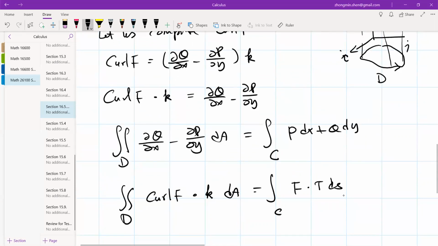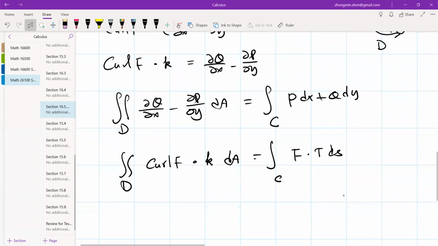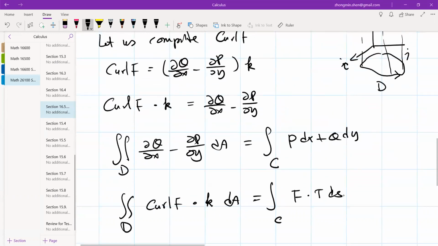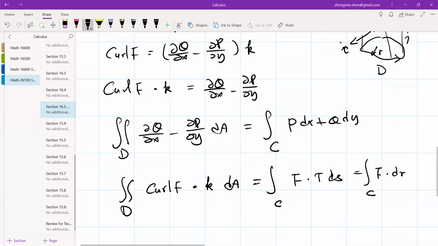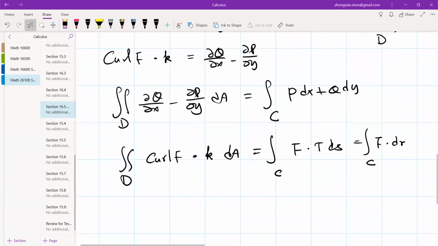So this is another version of Green's theorem. If the curve is parameterized by r, this is also written as the line integral over C of F dot dr. Here F is just the original vector field in the xy plane.